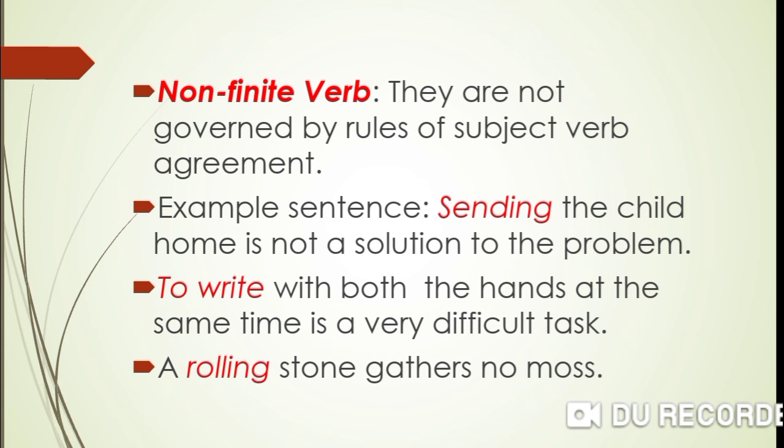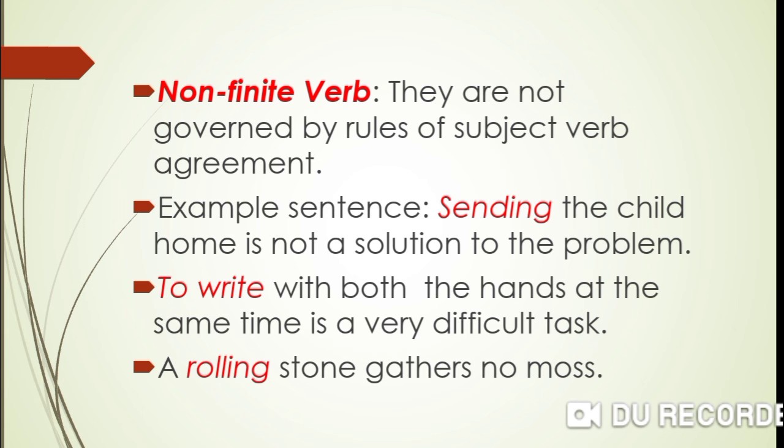If the subject is I, the verb would be call, we call, they call, but he calls, she calls, Rehan calls, Sultan calls, like that. So that is called subject-verb agreement. And non-finite verbs are not governed by the rules of subject-verb agreement.